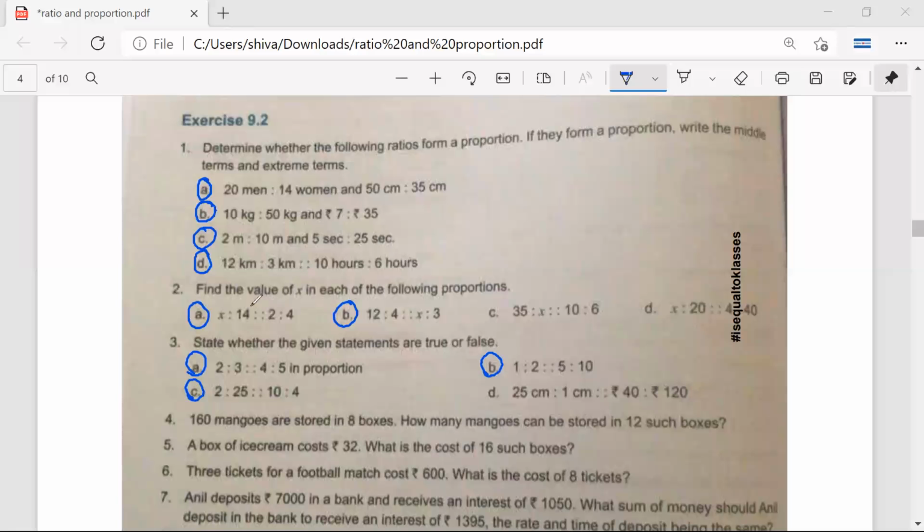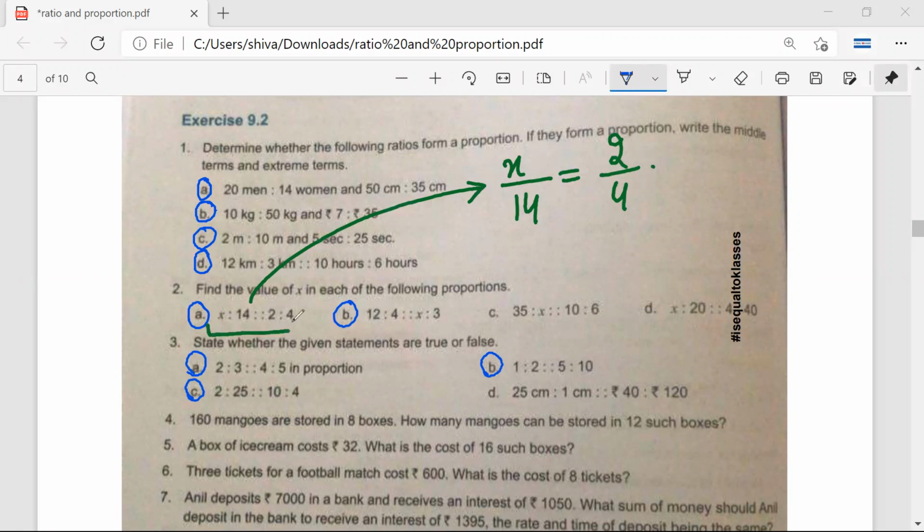Okay, Mr. Satya, how do I do question number 2 here? 2A. I did the cross multiplication part. What did you write? 2 upon 4 is equal to x upon 14. But you have to write x upon 14 is equal to 2 by 4. Always follow this step.